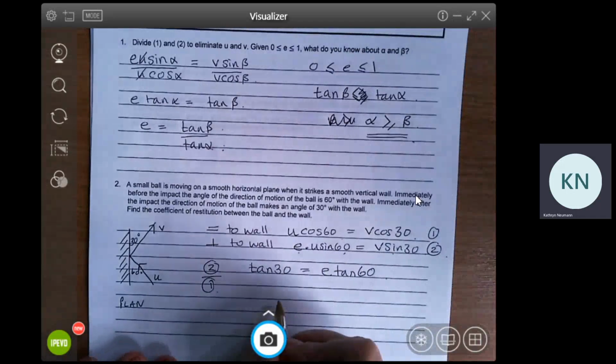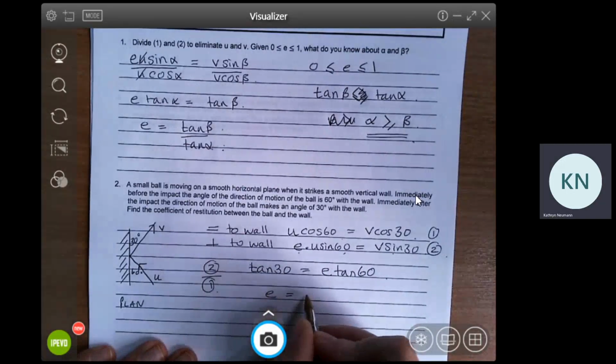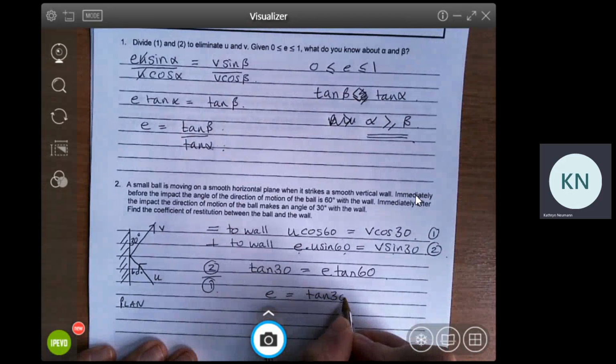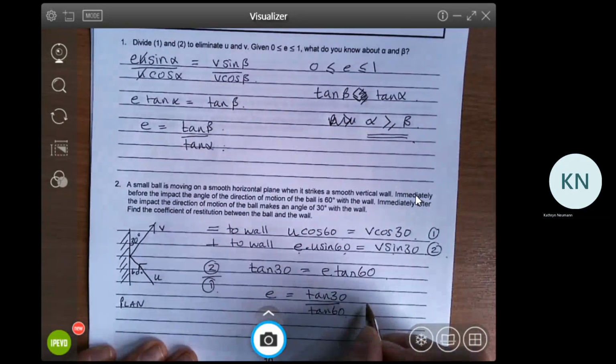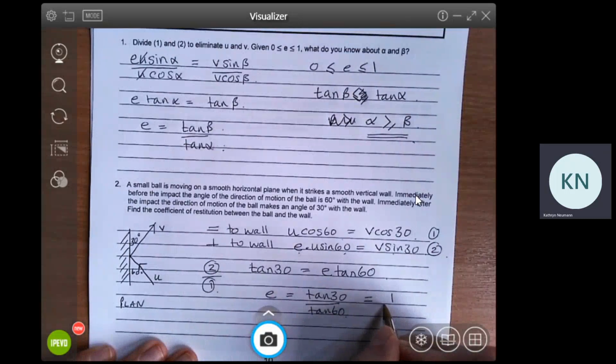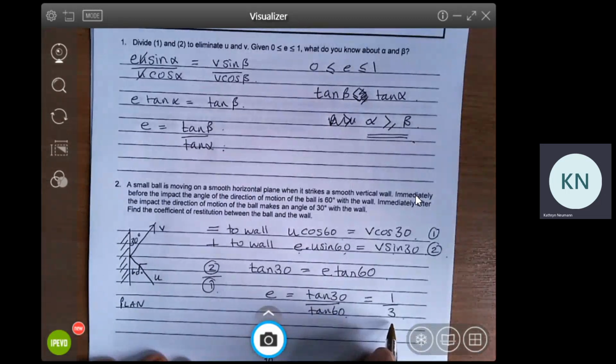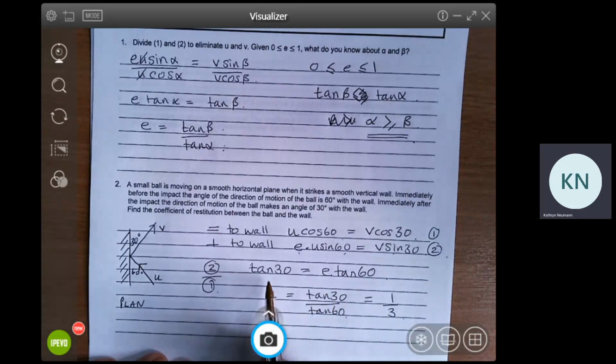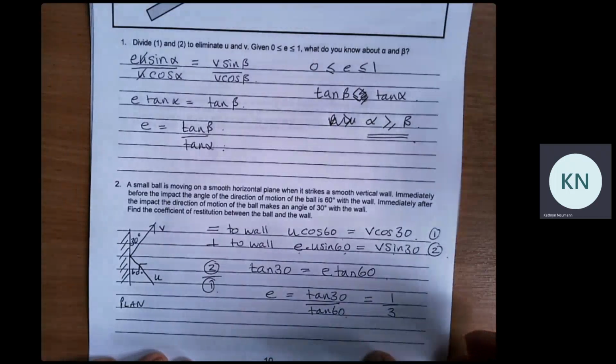So we get that e is tan of 30 divided by tan of 60, which is equal to, when you work it out, 1/3. So the coefficient of restitution is 1/3. Notice that you cannot just write down this equation here. You have to show how you derive it, and it's important that you do that.